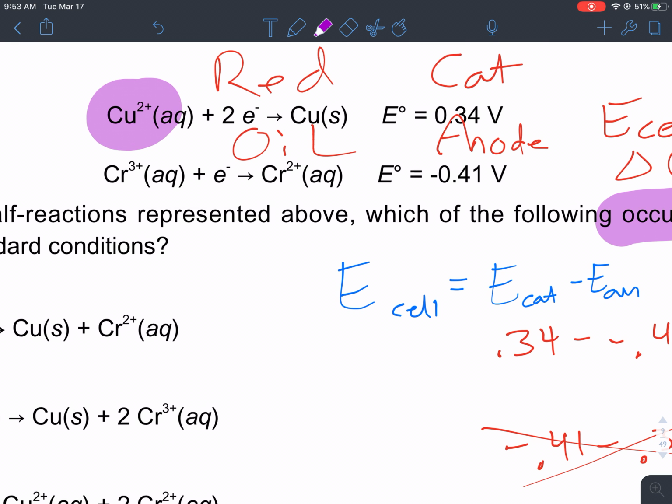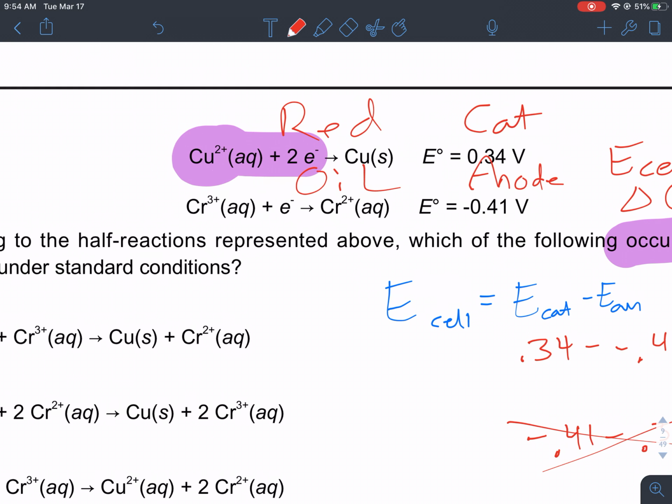It's showing copper gaining an electron. Good, because at the cathode, reduction is gain. But the second one is showing chromium gaining an electron too. That's not right, because that's the anode. It's supposed to be losing the electron, meaning the electron should be a product. This should be oxidation. So what do we have to do to this one?